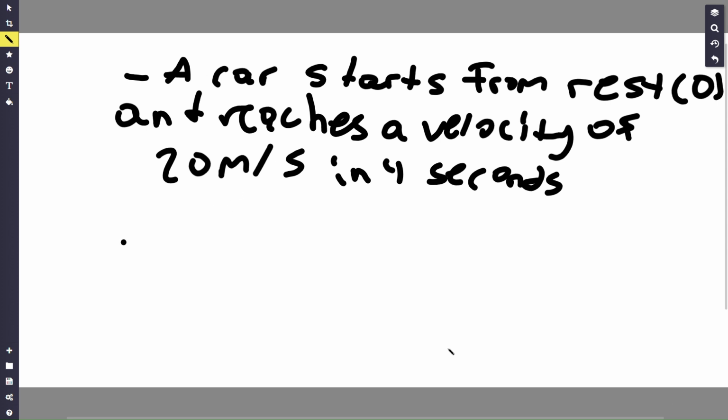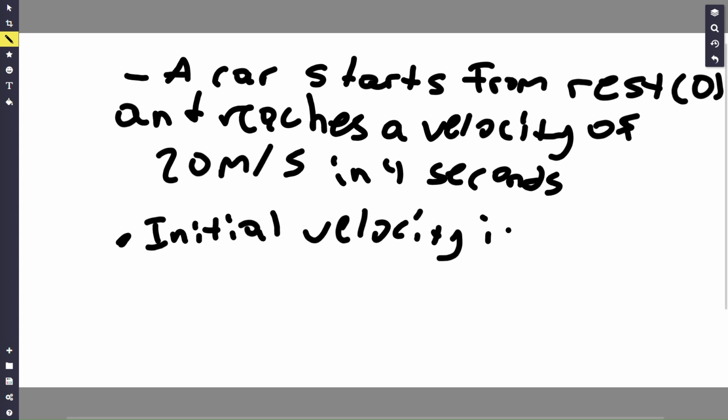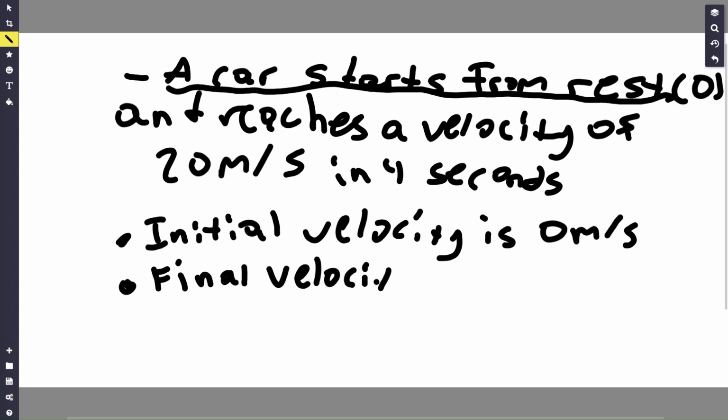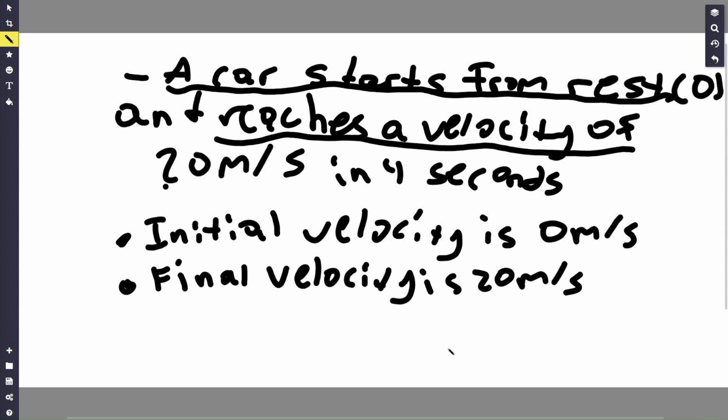So some things we can piece out are: initial velocity is 0 meters per second because the car starts from rest. Next, its final velocity is 20 meters per second, because it reaches a velocity of 20 meters per second, and it's the only other information we have of velocity.